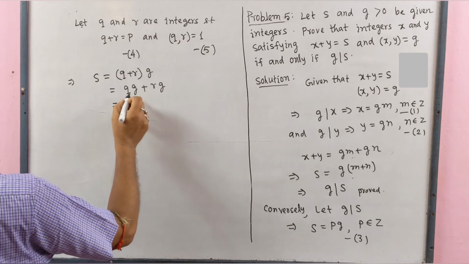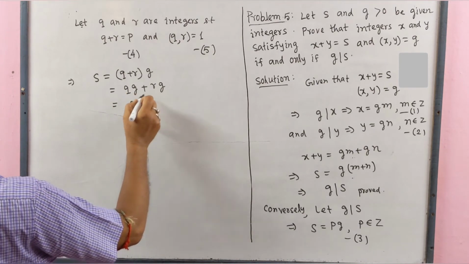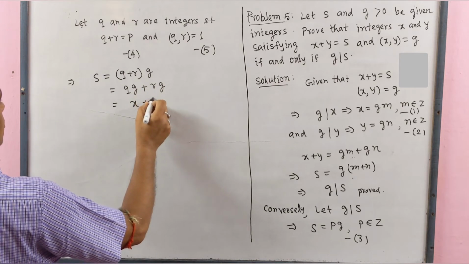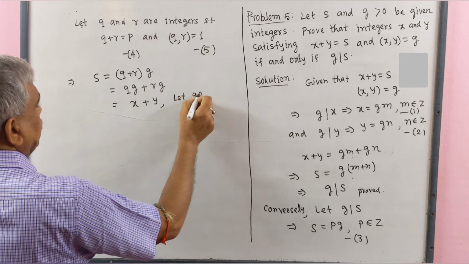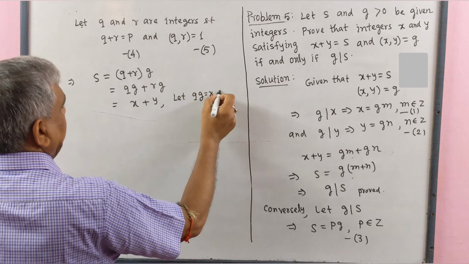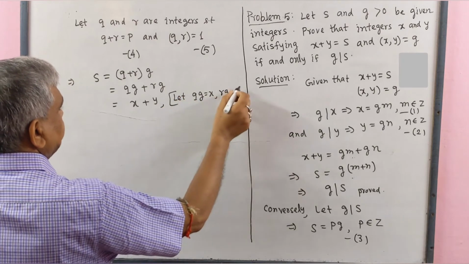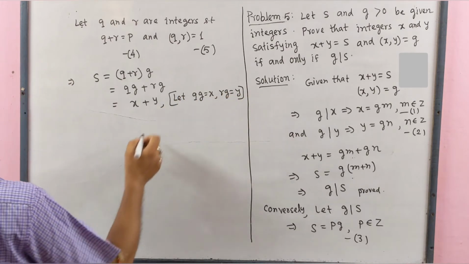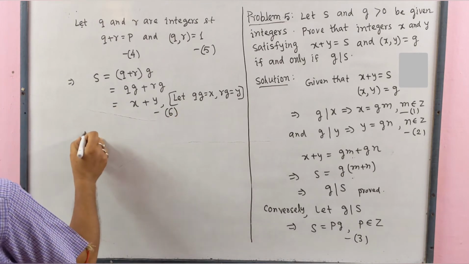Let qg equal to x and rg equal to y. This is number 6.